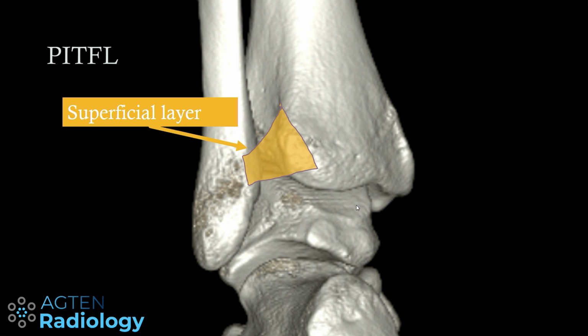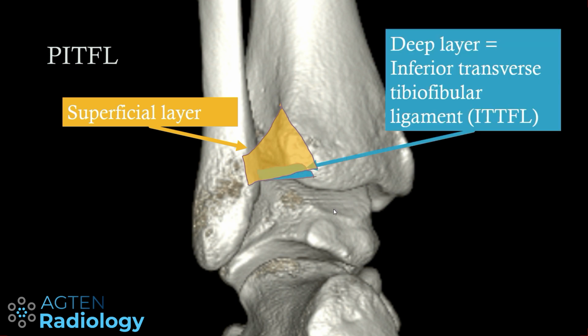Now, these were the bony problems that can cause posterior ankle impingement, but there are also soft tissue structures that can cause it, or are at least written about in the literature. One of the ligaments that can be impinged between these different structures is the transverse tibiofibular ligament, the deep portion of the posterior tibiofibular ligament, part of the posterior syndesmosis.